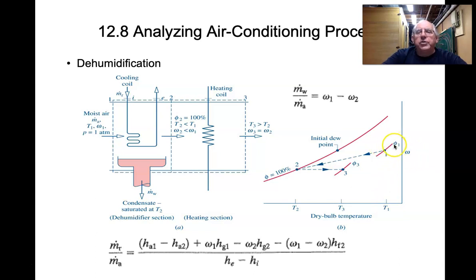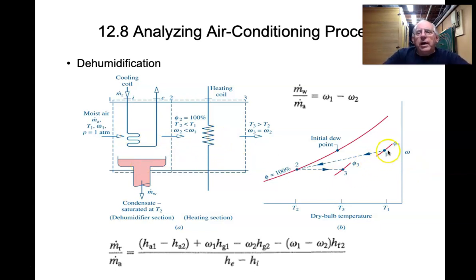We could actually determine the value of the relative humidity. And so that's our initial state right here. The process of cooling down and losing moisture is moving in this direction as we cool down, as the dry bulb temperature decreases, but more importantly, as the humidity ratio drops because some of that moisture is leaving the dry air mixture.